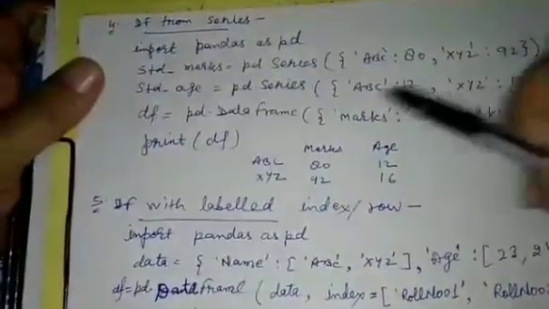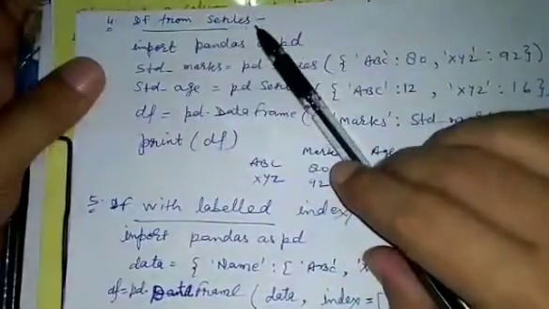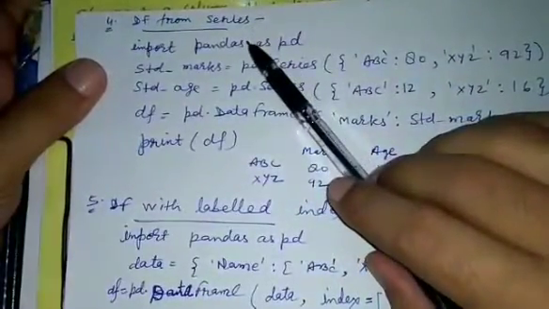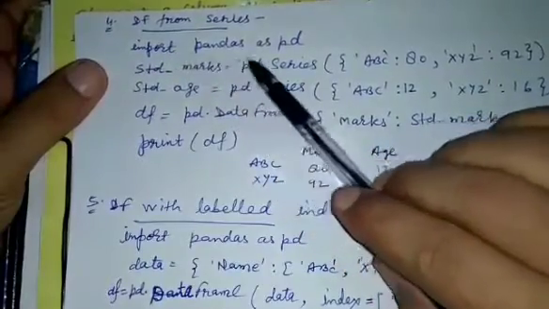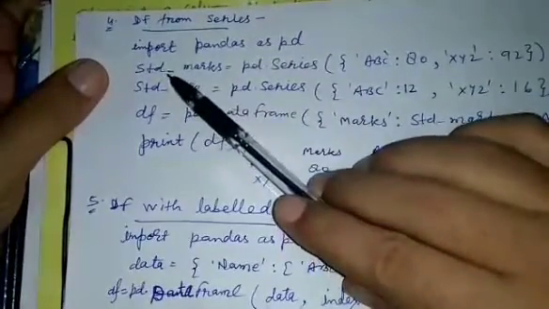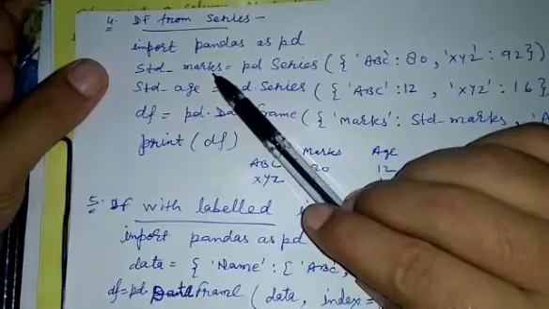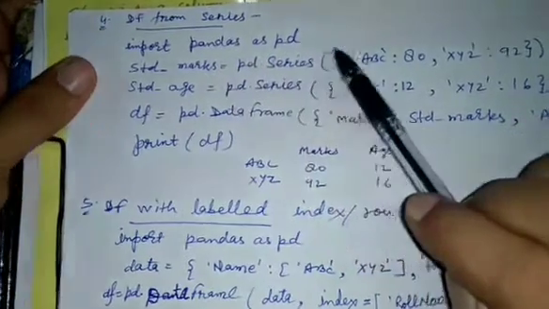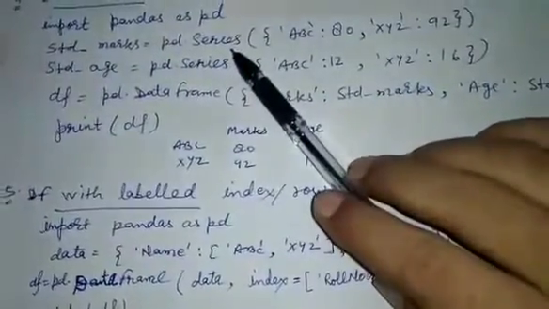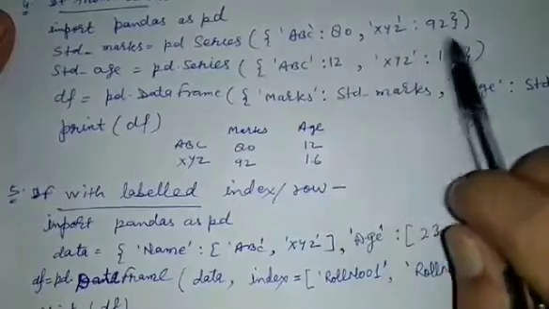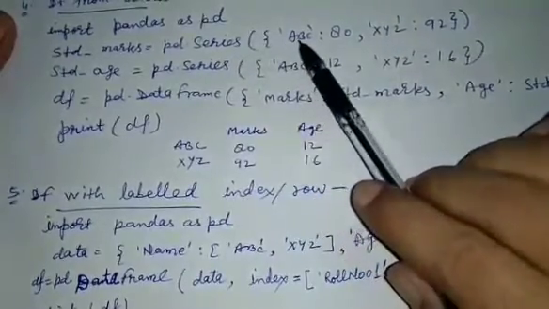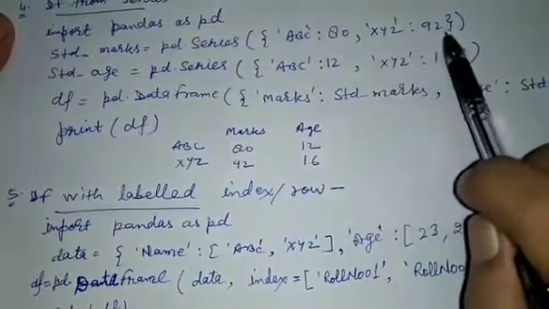The next topic is creating a data frame from a series. We have already studied series in the previous classes. Import pandas as pd. Student marks: we have created a series, pd.Series, and this series is in turn created using a dictionary, abc 80, xyz 92.